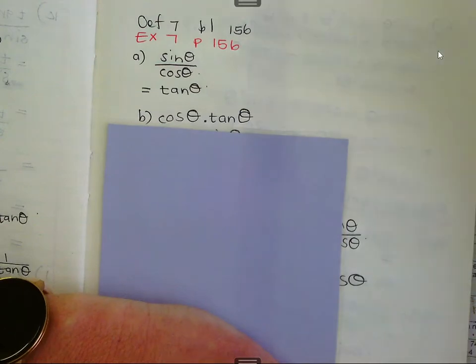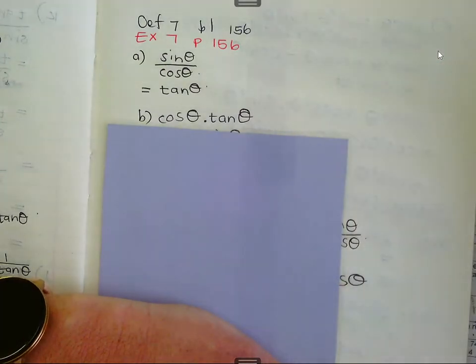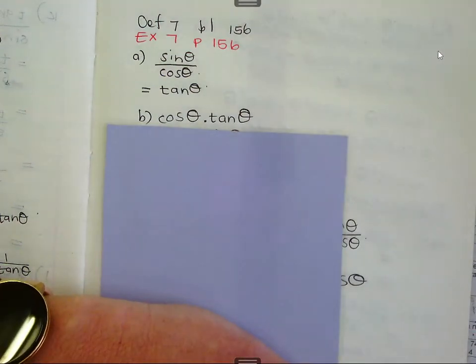If you can't do anything algebraically, you're going to have to look for something trigonometric. So trigonometric would mean, is there an identity in there somewhere? Do you see maybe an identity? Something that can change into a different thing.